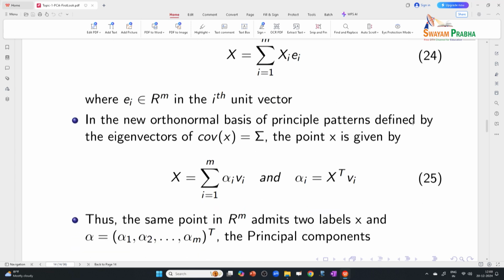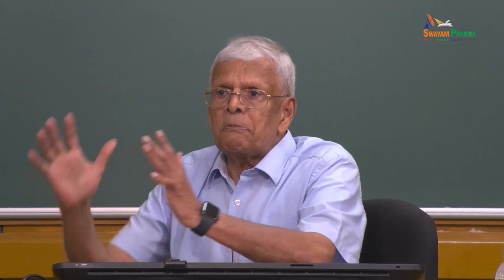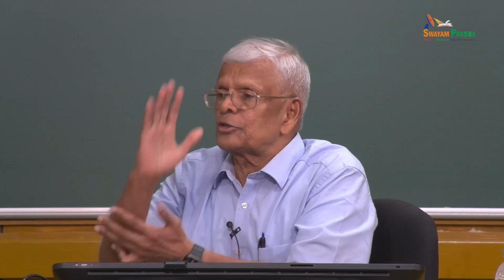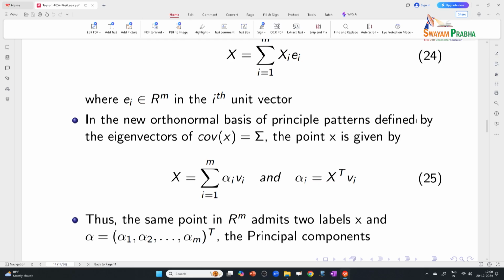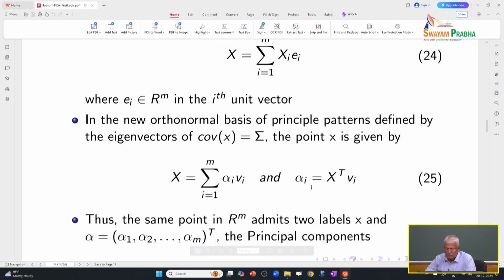The new orthogonal bases are formed by the principal patterns. The principal patterns are the principal directions, which are the eigenvectors of the covariance matrix of X. So, the same point X can now be expressed as the sum of alpha_i V_i, where alpha_i are X transpose V_i.